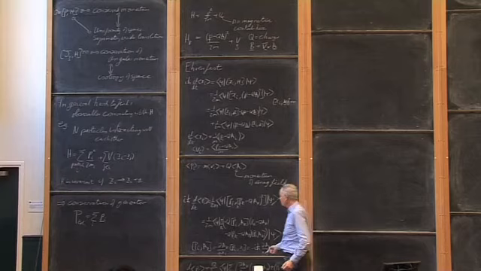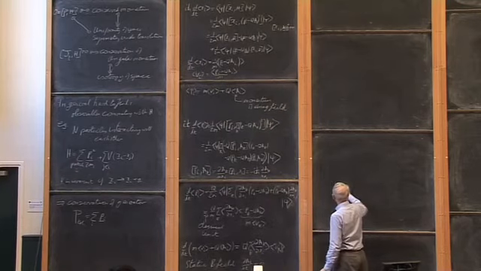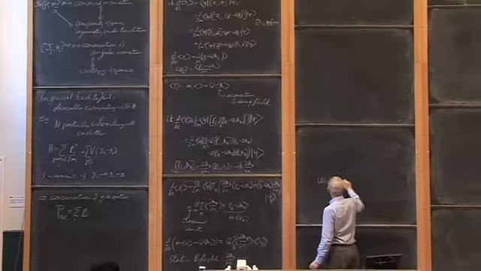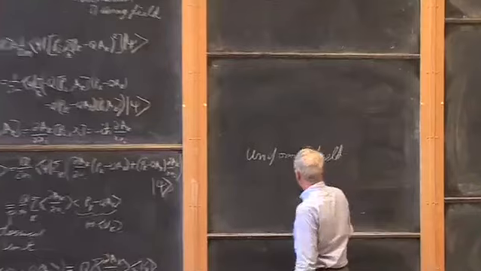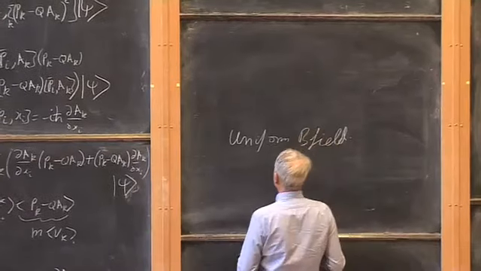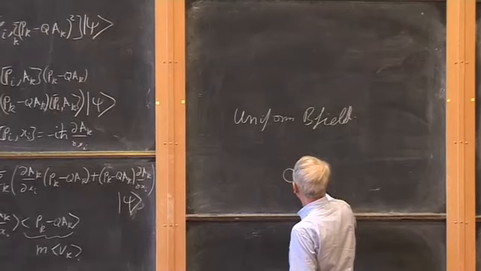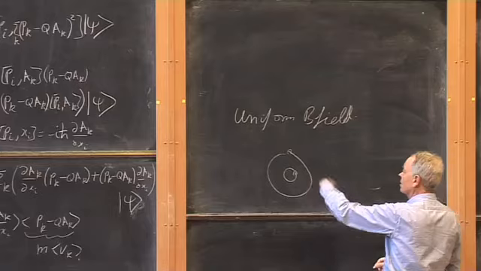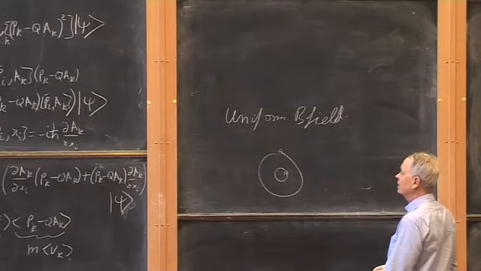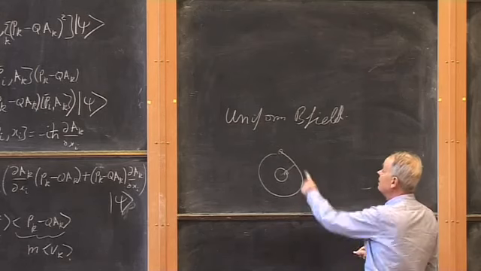The basic principle is that if you have a uniform B field and a non-relativistic charged particle moving in it, the orbits are circles, the particle circles around with some radius that depends on its speed.